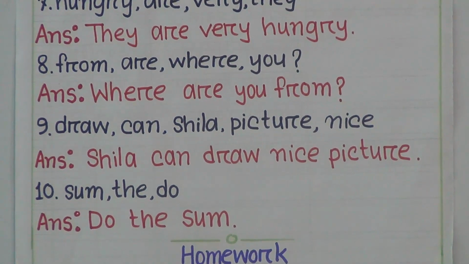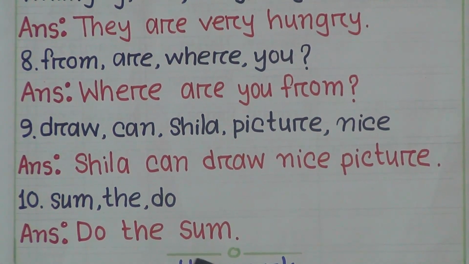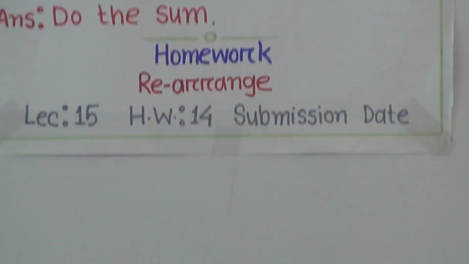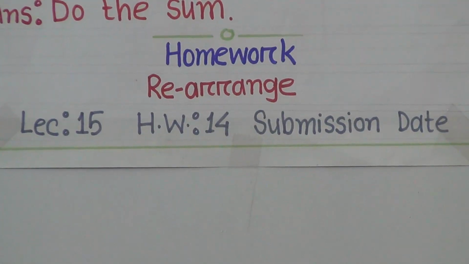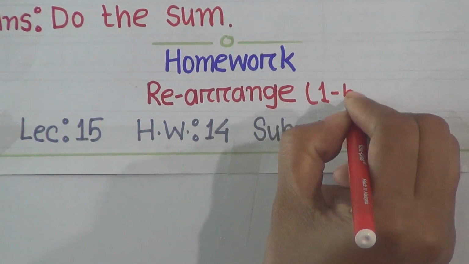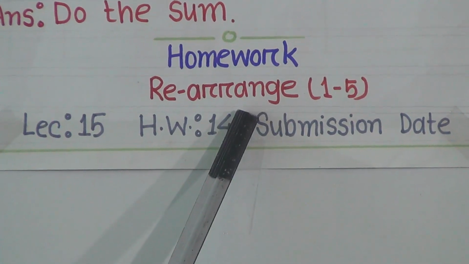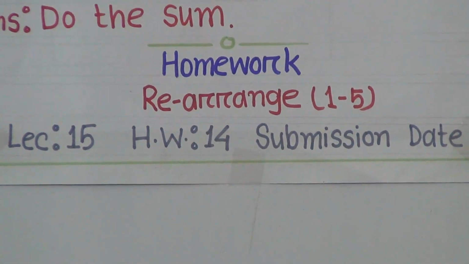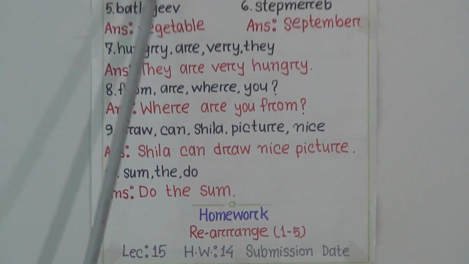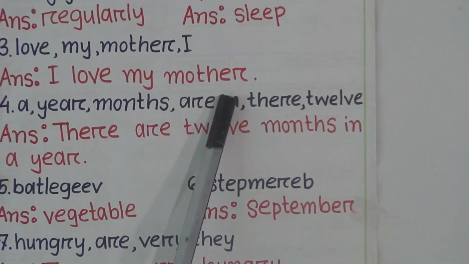Students, now I'm giving your homework. Your homework will be rearrange. I'm repeating, your homework will be rearrange from 1 to 5. Students, here I want to mention one thing. No need to write the question, just write the answer. That means the correct words and sentences.